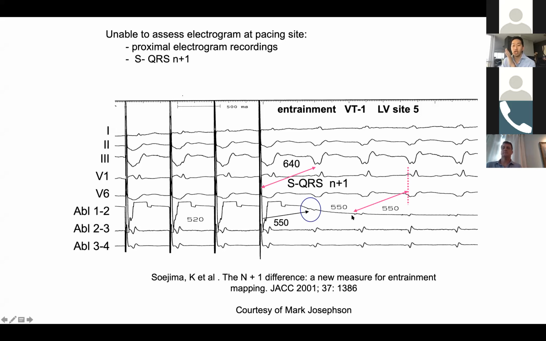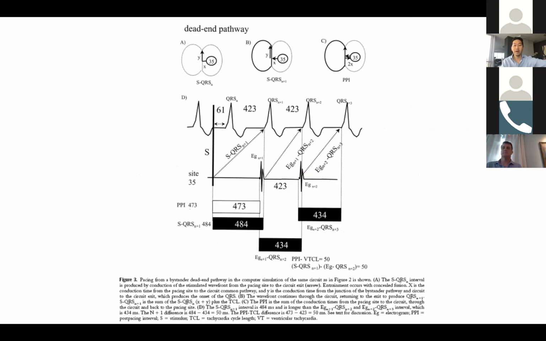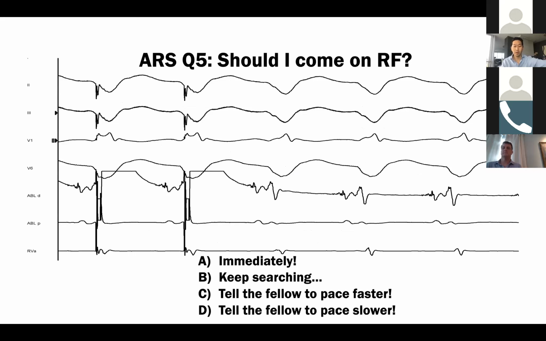That works just as well if you cannot see the electrogram of interest after pacing, okay? And that difference is gonna be the same, that N+1 difference. So the citation is there, it works for dead-end pathways as well, okay?